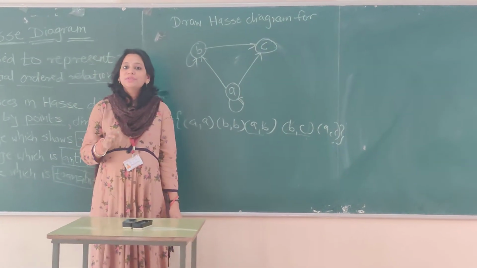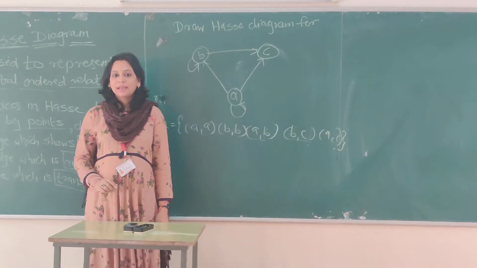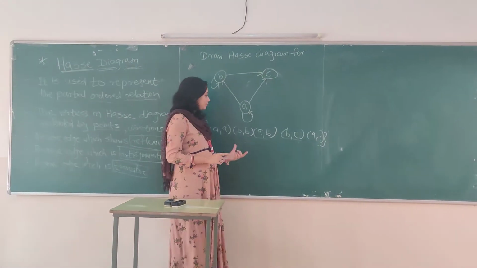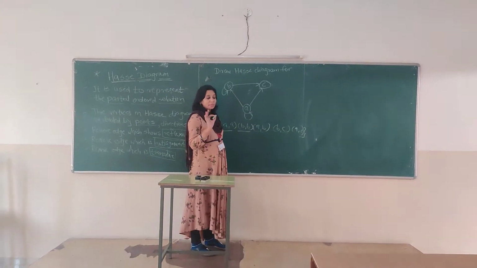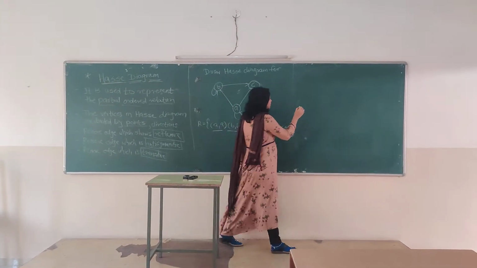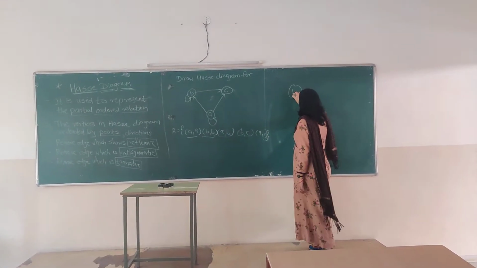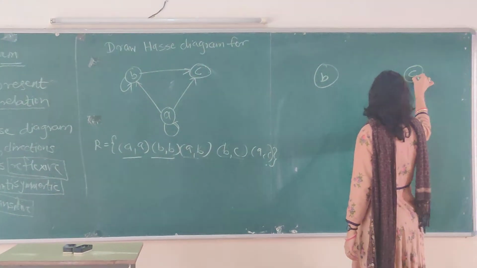So according to the rules of Hasse diagram, first we have to remove the reflexive terms. Okay, that means reflexive edges. So what I will do? We will draw the Hasse diagram.